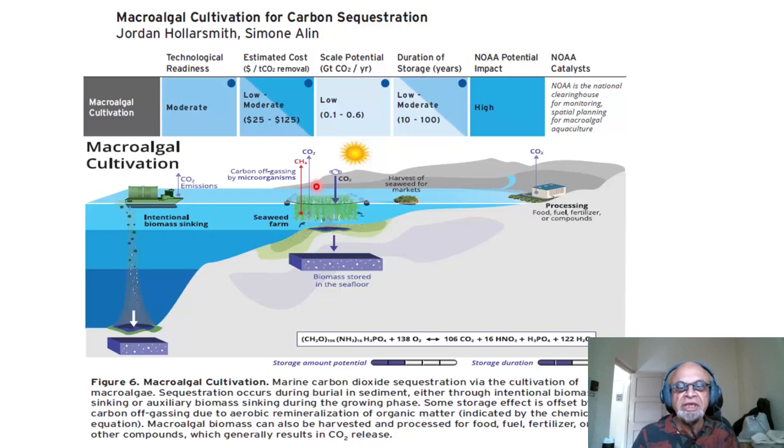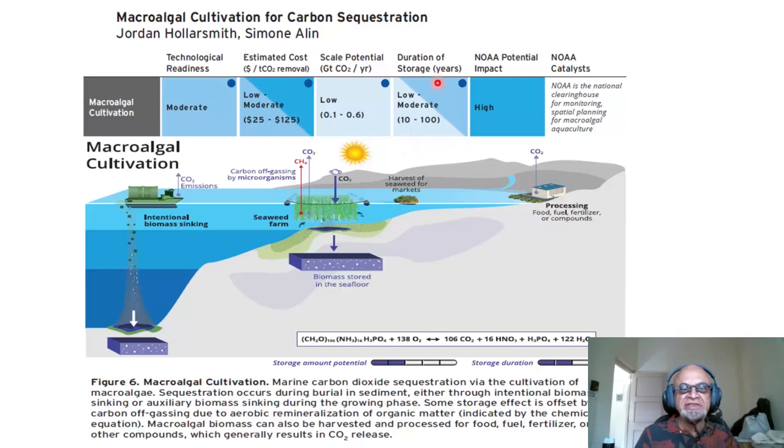So you have methane and CO2 emissions happening there, but you obviously want additional sequestration, so you want to store biomass in the seafloor and take out more CO2 than you're emitting as methane and so on. You can also harvest seaweed for the markets, and food, fuel, fertilizer and compounds can be produced from the algae as well.